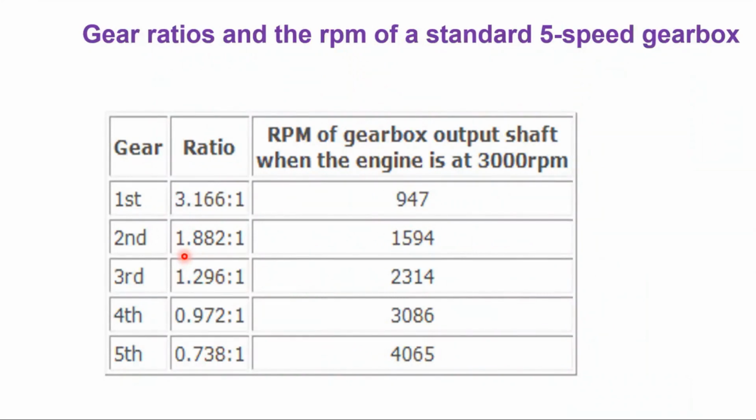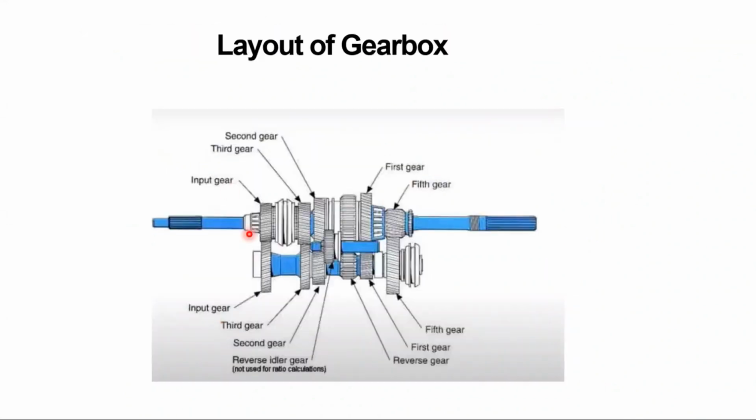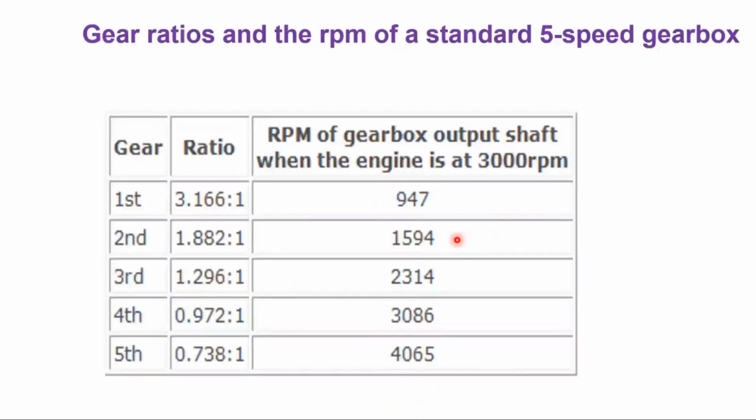You can see the fourth gear is near to 1:1, where the input shaft is directly connected and the speed at which it rotates is also 1:1. There will be slight losses, but it will be close to 1:1.